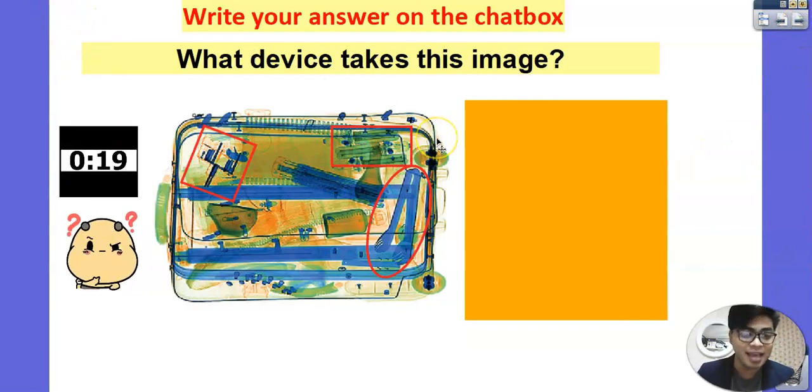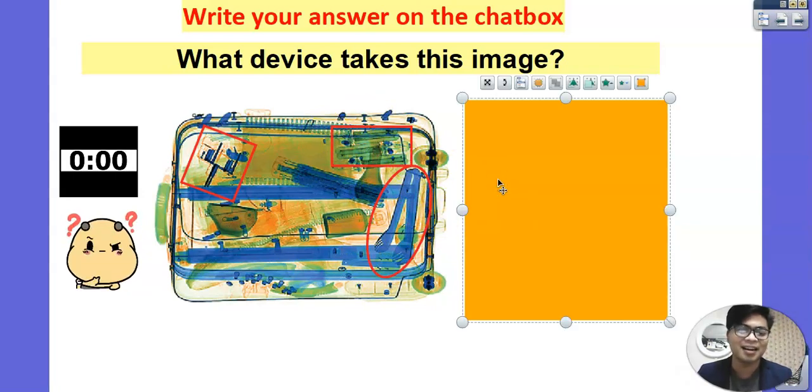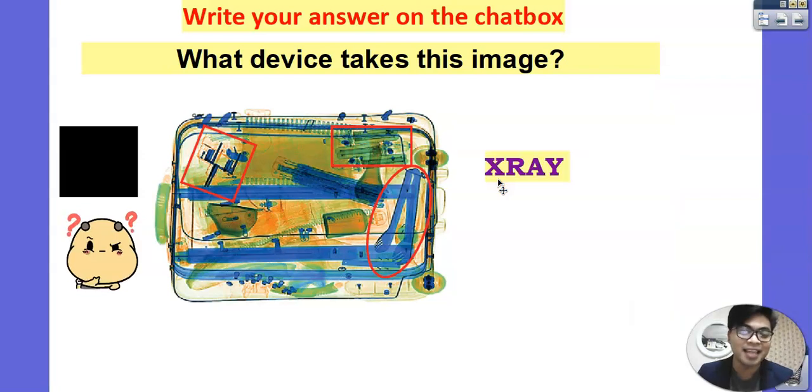What device has the ability to take this image? You are well aware of this image right over here, and you have seen it 1,000 times. It's in the airport and it's the X-ray.